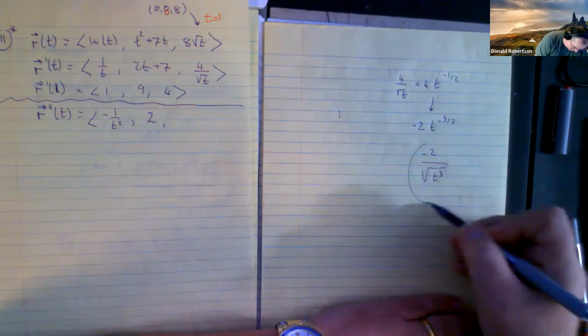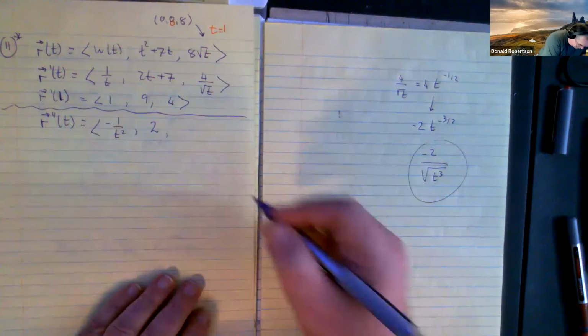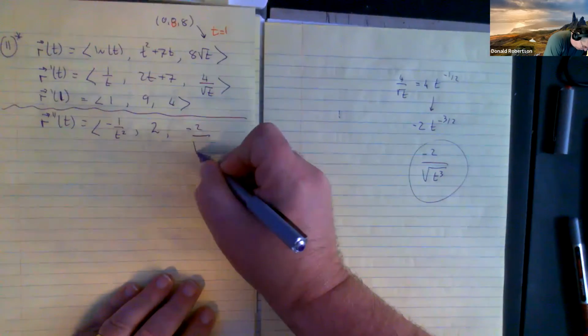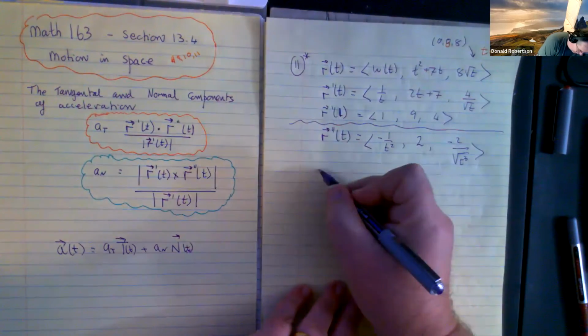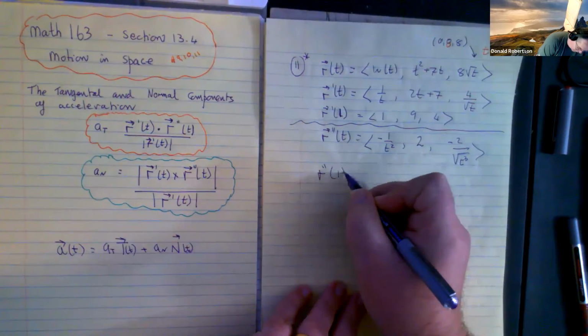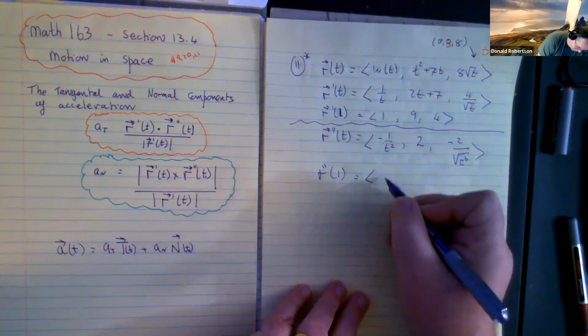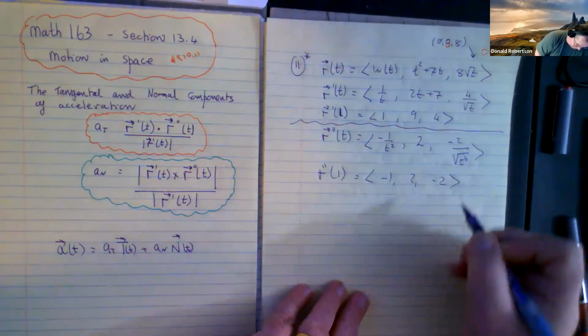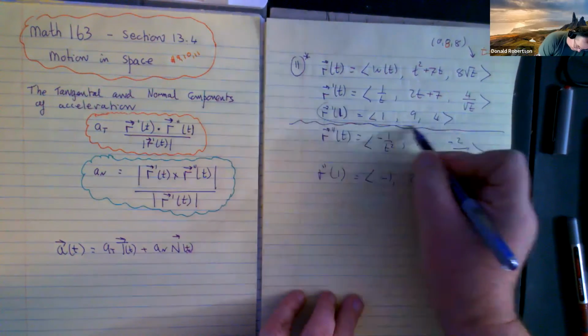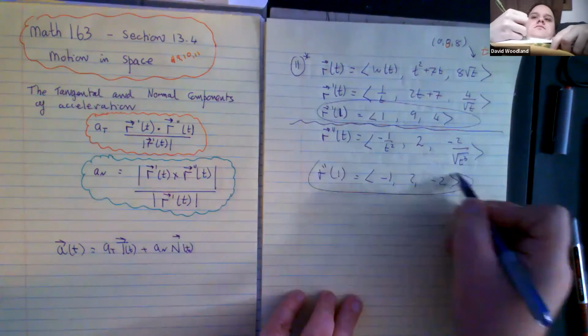And now when you plug in 1, it's actually not that bad. So the second derivative at 1 is negative 1 over 1, 2, and negative 2. So there's our first derivative, and there is our second.